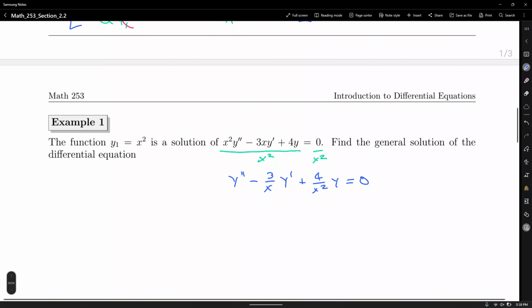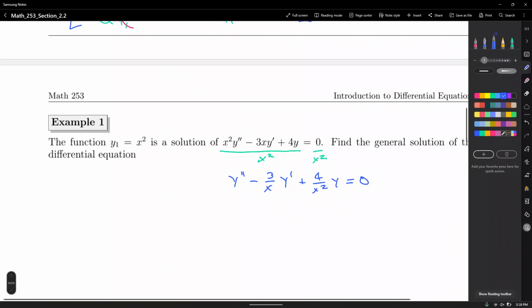From here there are two pieces of information that we care about. Number 1, y sub 1, which is given, and whatever multiplies our first derivative term, that'll be our p of x. p of x equals negative 3 over x.